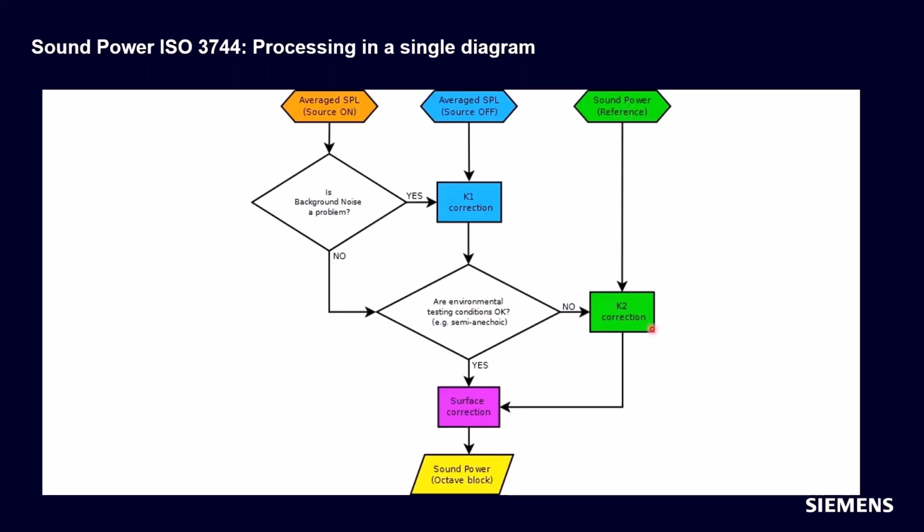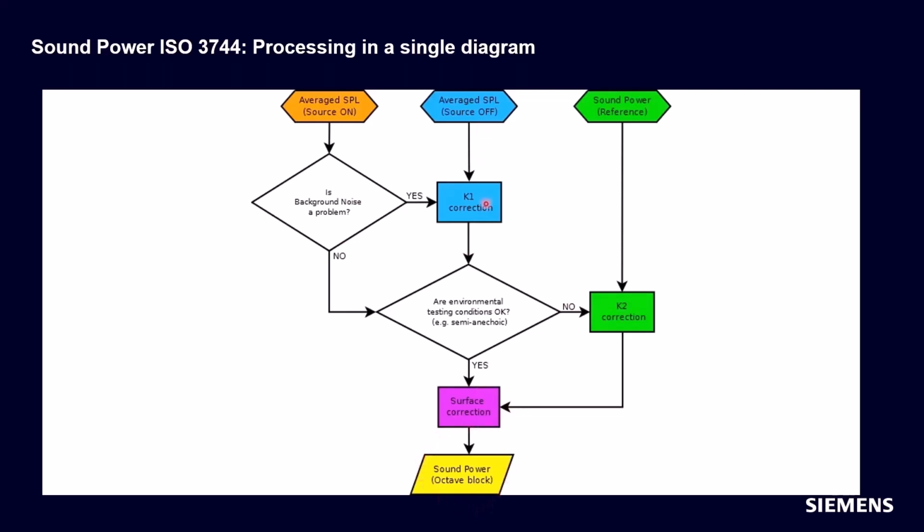You apply the K2 correction based on that. And then you measure with your microphone array, spatially arranged in the form of a hemisphere or parallelepiped. You correct for K1 and K2, then take into account the surface area correction, and finally from that you get the sound power.